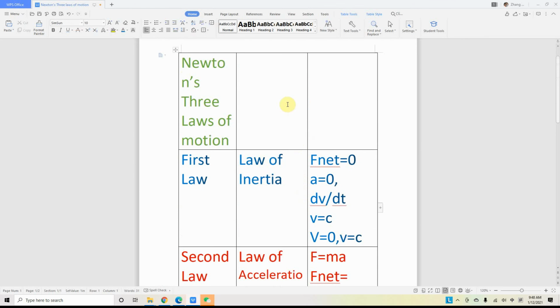Okay? And guess what? If I ask this question, who discovered the three laws of motion, almost everybody would know Newton. But if I say, what's the first name of Newton? Maybe some of them do not know, but a lot of people know.